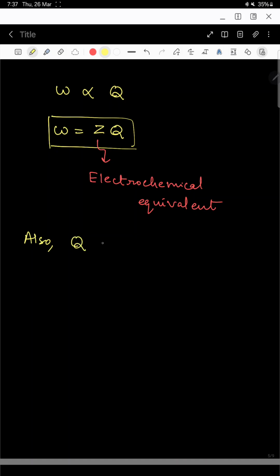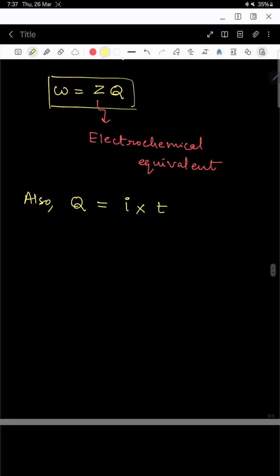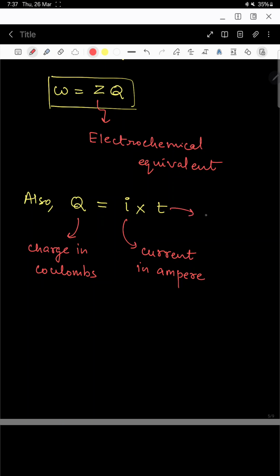Now also you must know this, that Q, that is in coulombs, is equal to current in amperes into time in seconds. You must know this. Q is the charge in coulombs, I is the current in ampere, and T is the time in seconds.